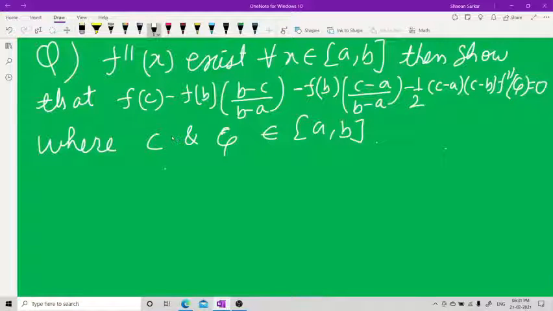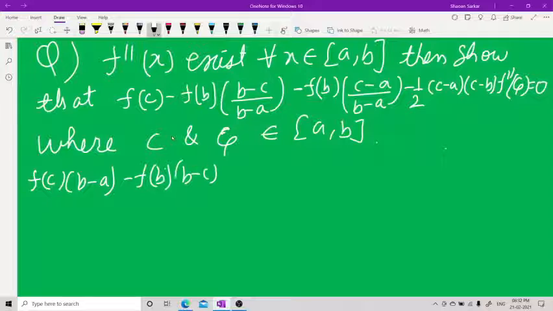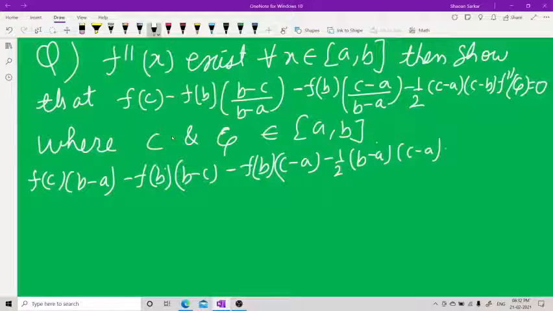This is f(c)(b minus a) minus f(b)(b minus c), multiplying the whole equation by b minus a, then minus f(b)(c minus a), minus half (b minus a)(c minus a)(c minus b) f double dash xi is equal to 0.